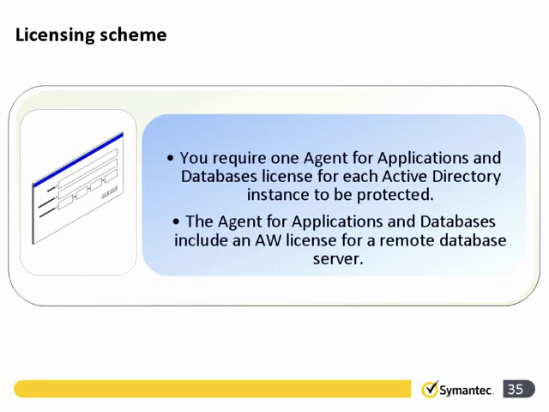But because Active Directory is replicated around, you wouldn't technically need to use this capability on all of them. The agent for applications and databases includes an agent for Windows that needs to be installed on the domain controller that you wish to protect.